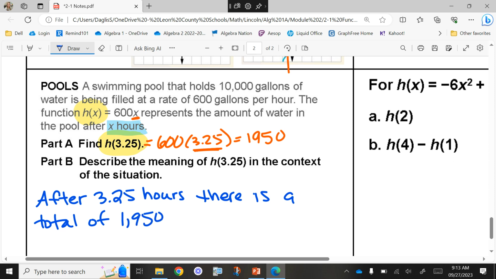Yeah, 1,950 gallons of water in the pool. So that's what those numbers mean. It's showing after 3.25 hours of filling up the pool, we have a total of 1,950 gallons in the pool.